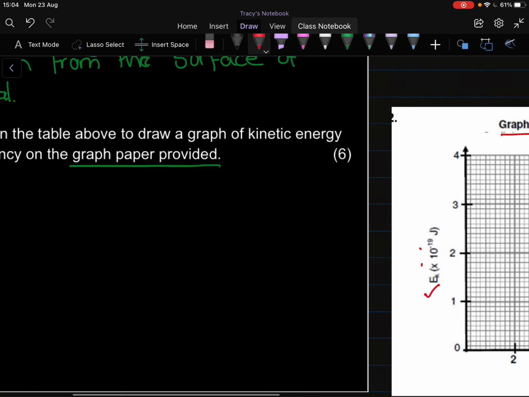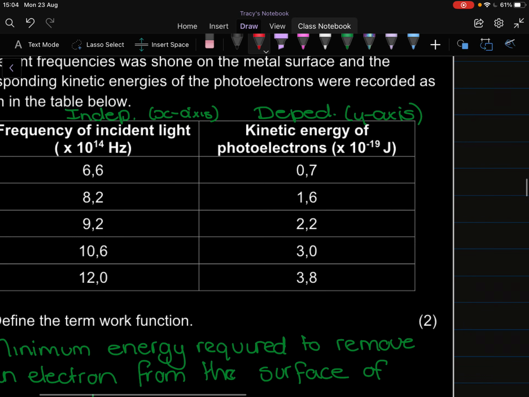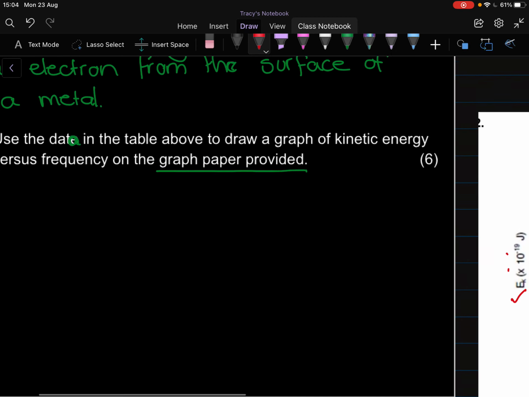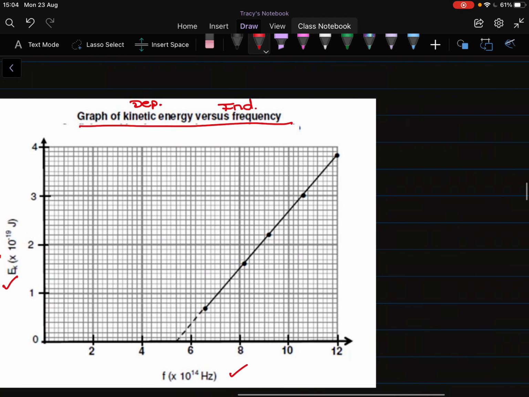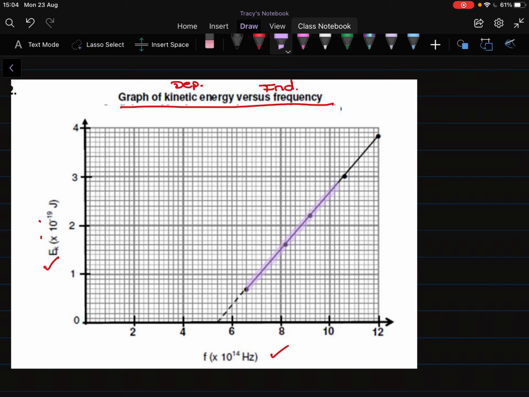What they did when they gave you this is they gave you the numbers quite nicely. So forget about the times 10 to the 14 and the 10 to the minus 19. You've put that in the units. Use these like normal numbers to plot the values, and the graph is actually this. That's what you would have originally plotted.